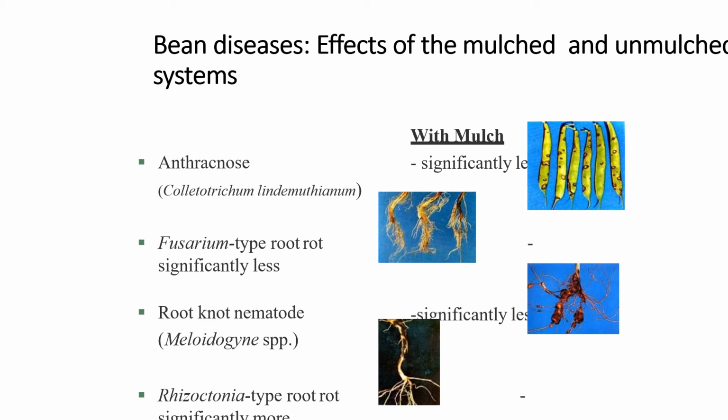Then the third disease is root knot nematode, Meloidogyne species, and here significantly fewer knots are there. And Rhizoctonia, this type of root rot is significantly more.